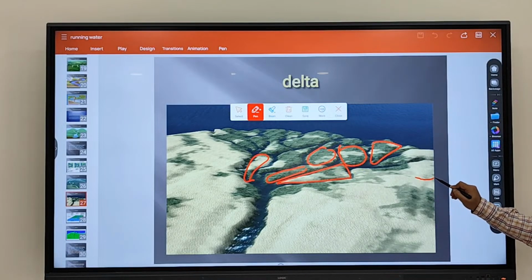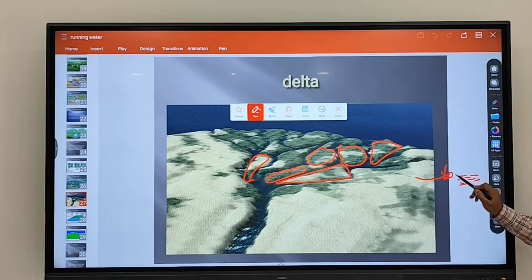When rivers are about to join the oceans or the sea, what will happen? They are not moving over the slope. Now they are moving in an inner area. So the river will not be able to carry the sediments.